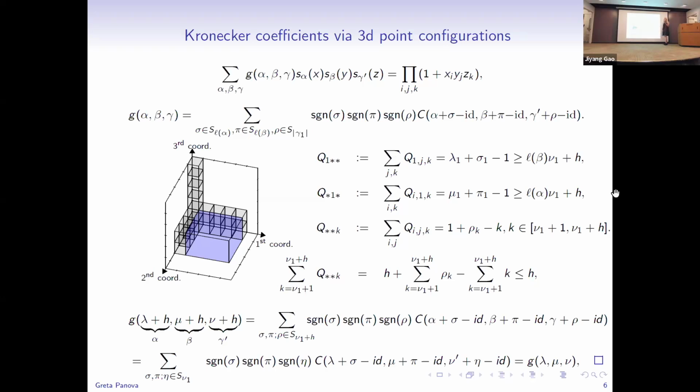If you have the right marginals, you can figure out exactly what's happening on the sides and remove some of the sides, so you get an identity that looks like that. Then the Kronecker coefficient is the same when you add a long first row, which gives you the reduced Kronecker coefficient. That's it.